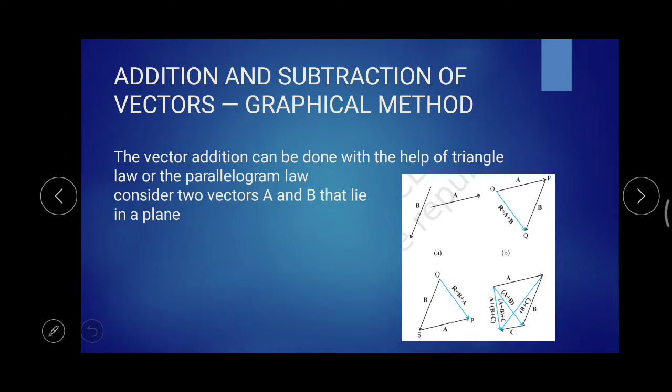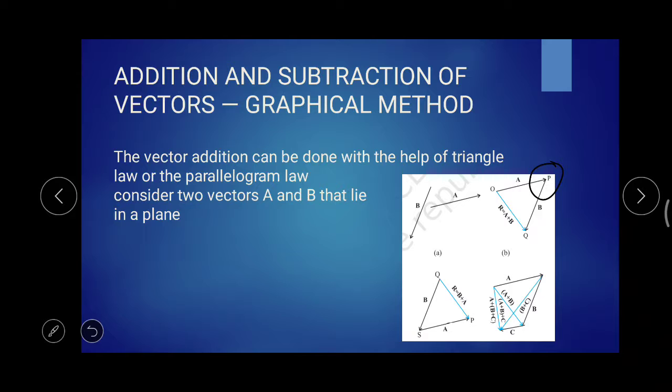So the tail of B is at the head of A. If you want to find the sum of two vectors in the graphical method, the first vector's head should be joined with the tail of the second one.